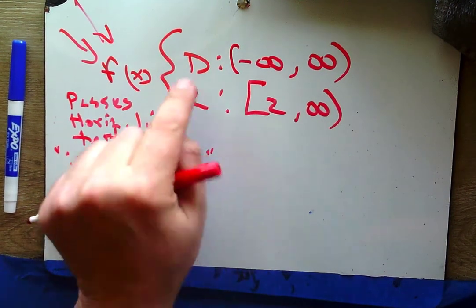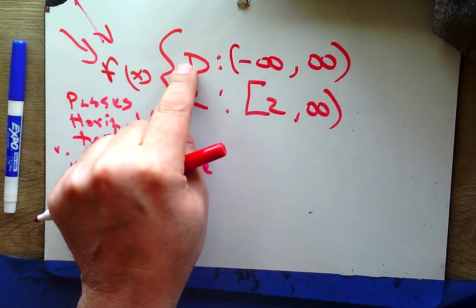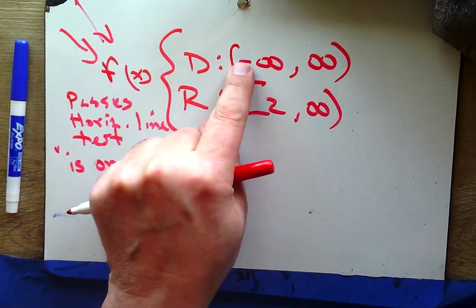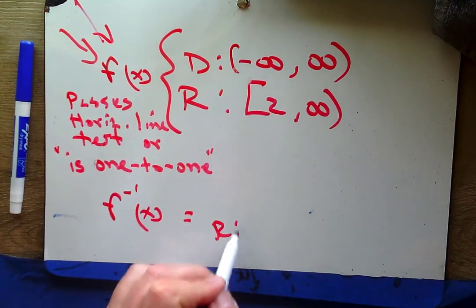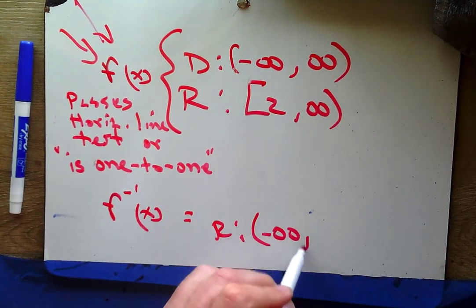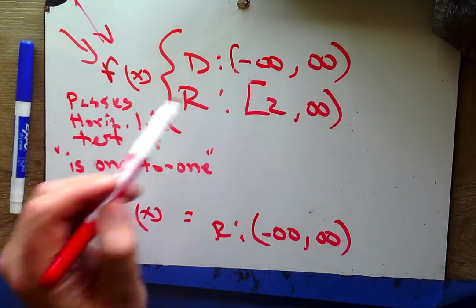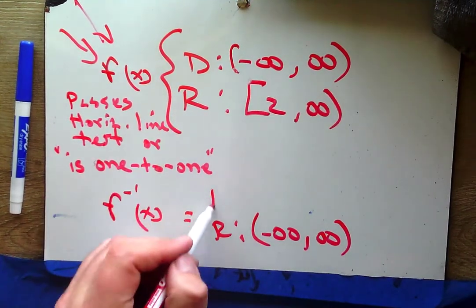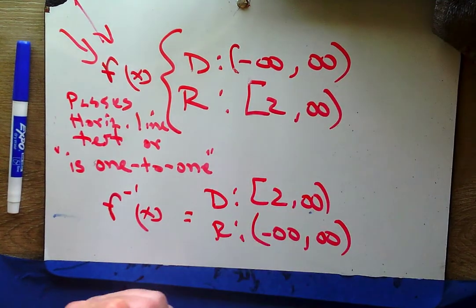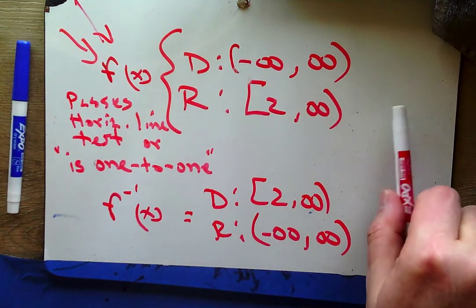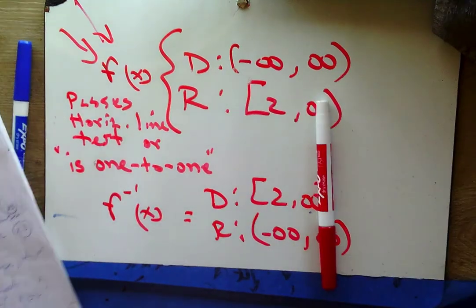So if this is domain, these are the inputs, these become the outputs on f inverse. Likewise, these outputs on f become the inputs on f inverse. We're switching the x's and y's here. That's all we're doing. Okay, so let's move on.